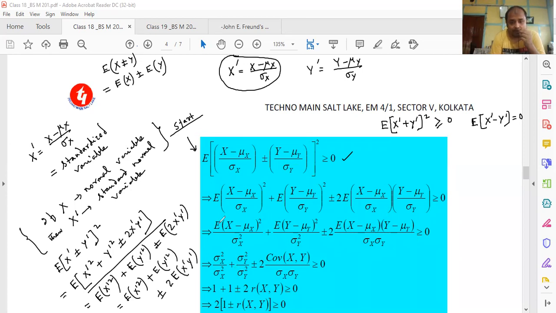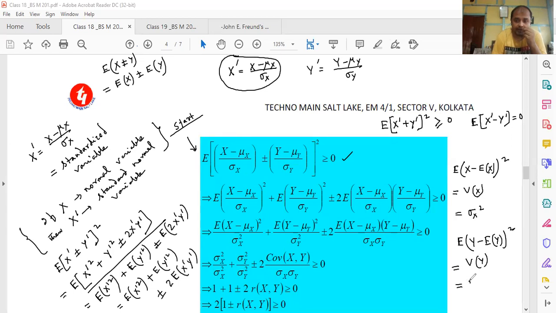Now carefully look at this scenario. We know that E of (x minus Ex) whole square is the definition of variance of x, and this variance of x is denoted by sigma x square. Similarly, expectation of (y minus Ey) whole square is variance of y, denoted by sigma y square. We know that Ex is mu x and Ey is mu y.